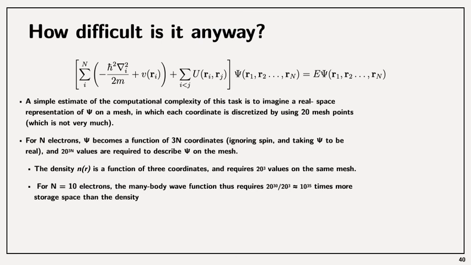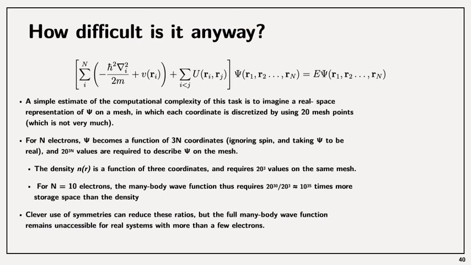The density is a function that only depends on 3 coordinates, x, y, and z. So in that case, you could represent the density with 20 to the power 3 points, 20 for each direction. That would be 10 to the power 35 times less memory that you would need.